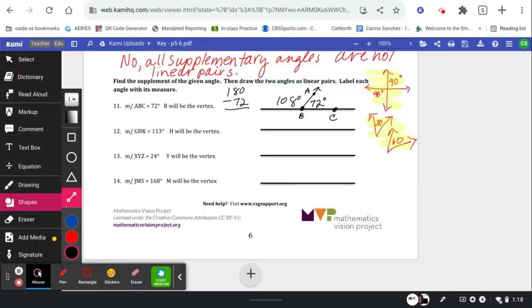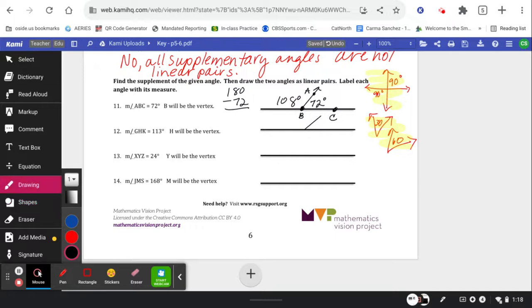So I'm going to go grab my little tool that makes the line 113 degrees. G, H, K is 113 degrees. And then what would the other side be? 180 minus 113 is 67 degrees on the other side.